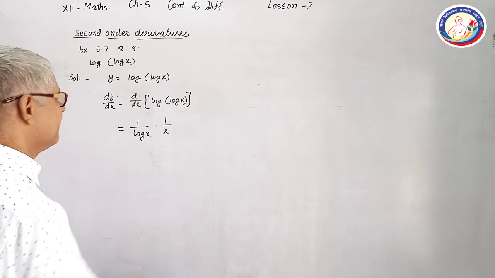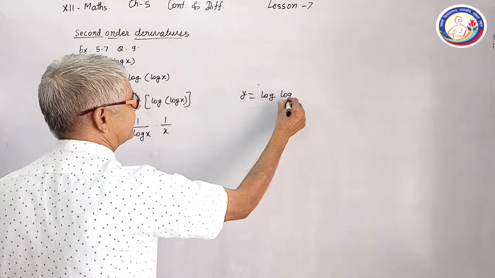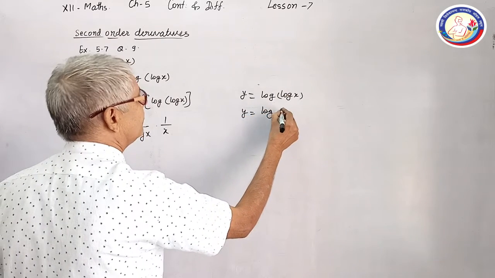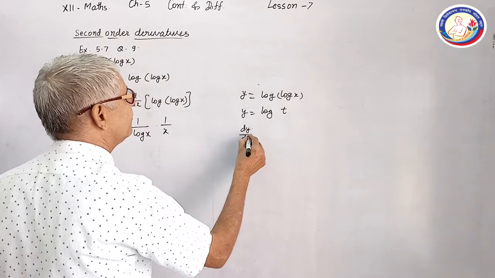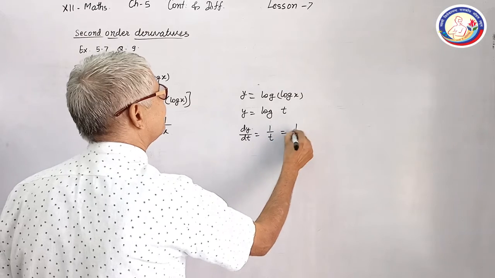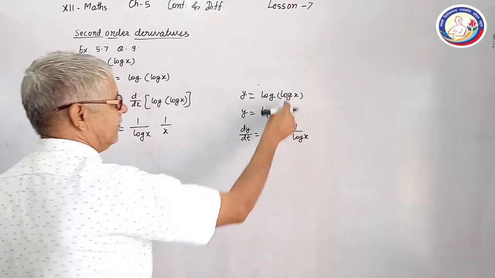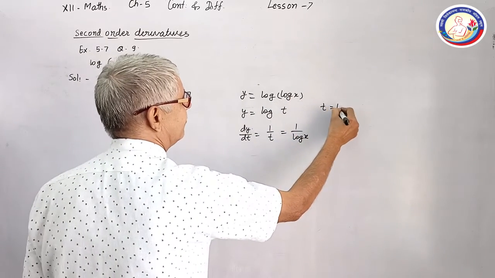Again understand, if y equal to log of log x, say y equal to log t, then derivative of y with respect to t will be 1 upon t, and that is 1 upon log x. t is log x here. We have substituted t for log x, where t is equal to log x.